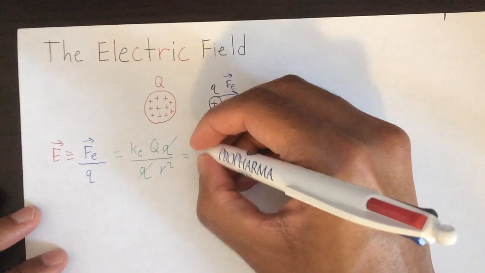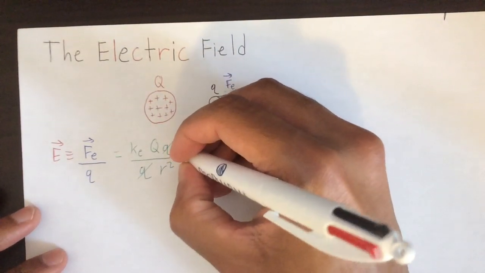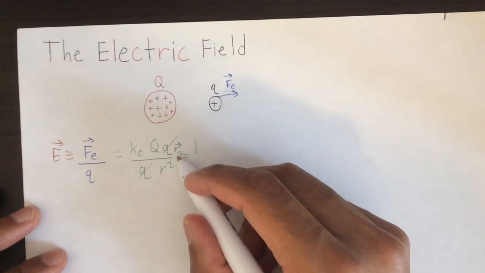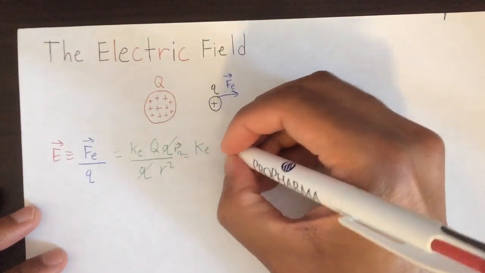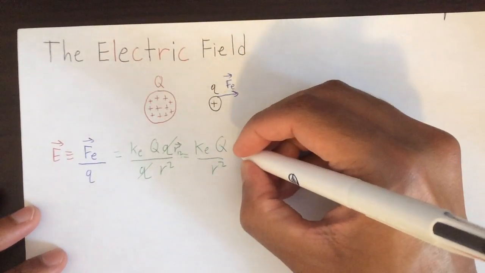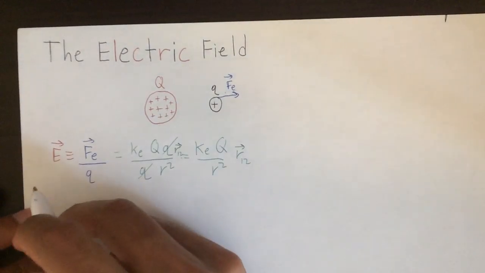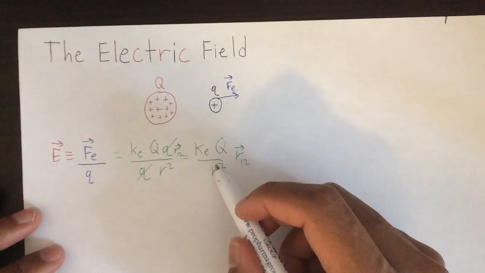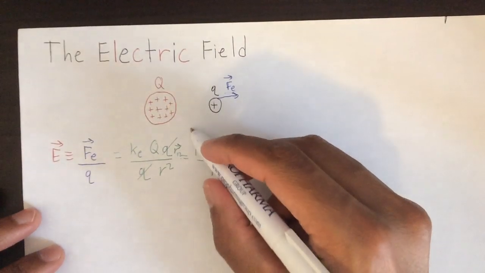We're left with E equal to Ke times Q over r squared, times the unit vector r from 1 to 2, 1 being big Q, 2 being little q. So we can see that the electric field is equal to this value here.